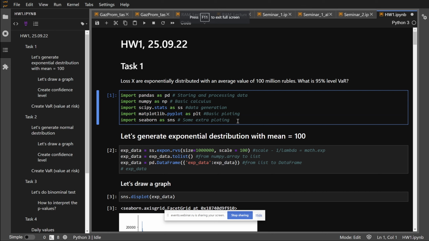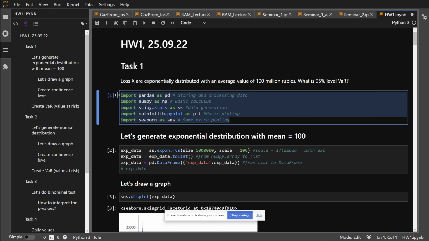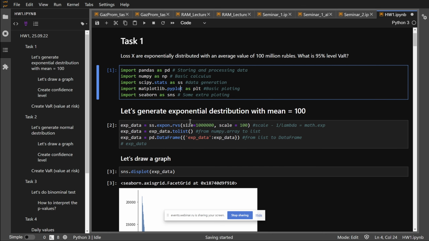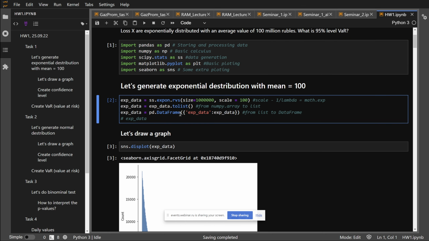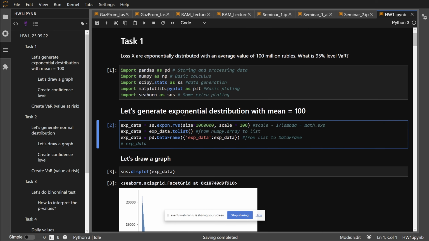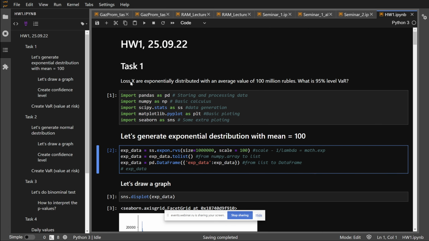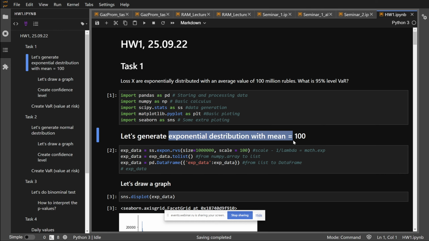I'm going to explain what I've done. I've imported some necessary and sometimes extra libraries, and after that I generated an exponential distribution with a given mean.